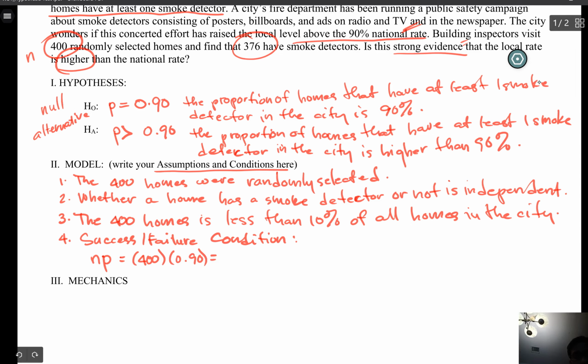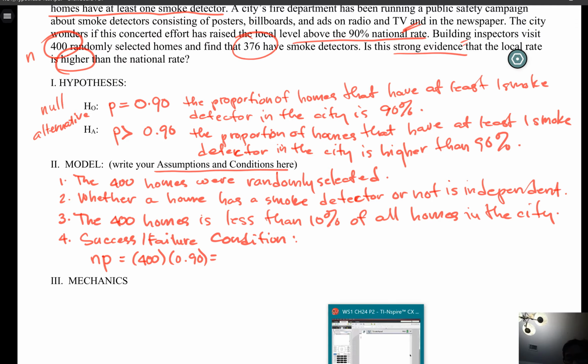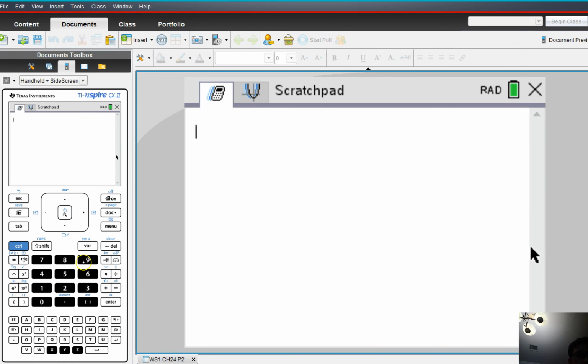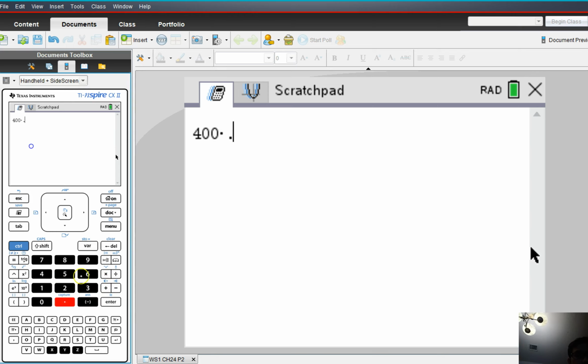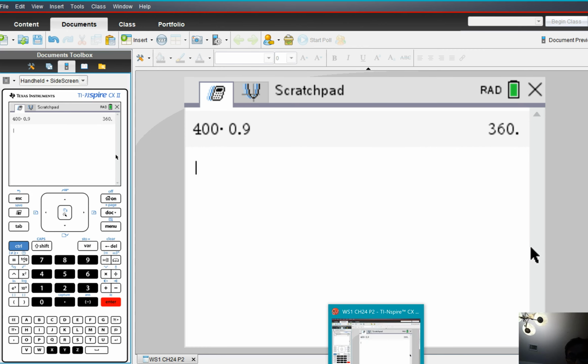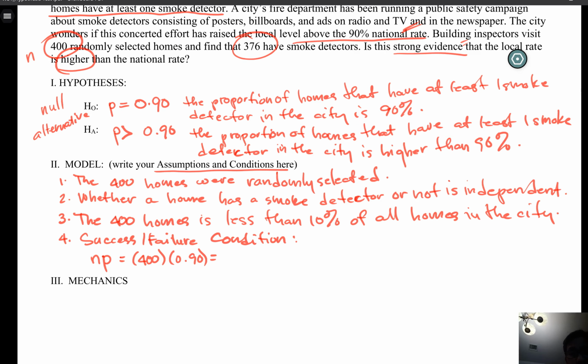So 400 times 0.9 is 360, and that's greater than 10. So check, we have success.